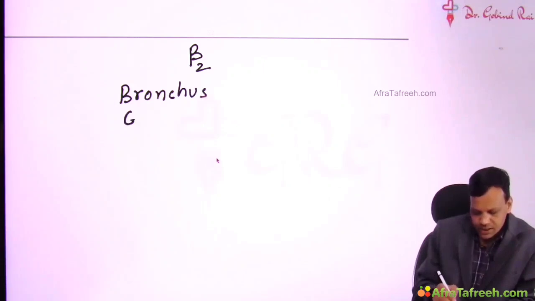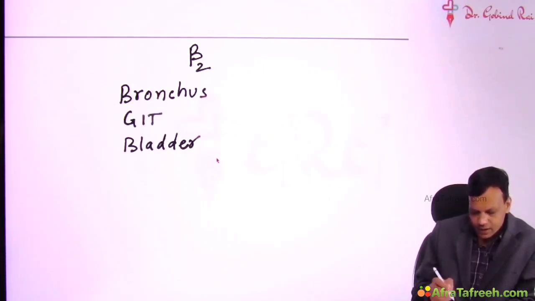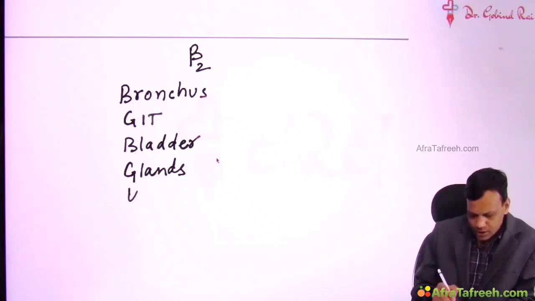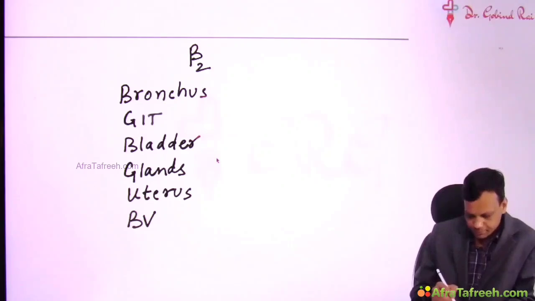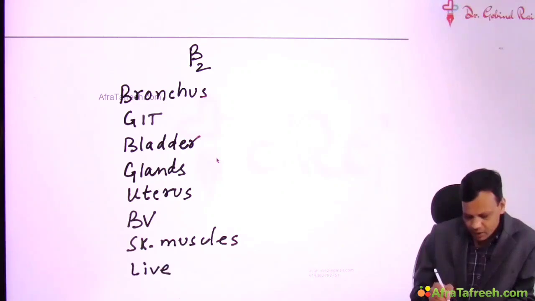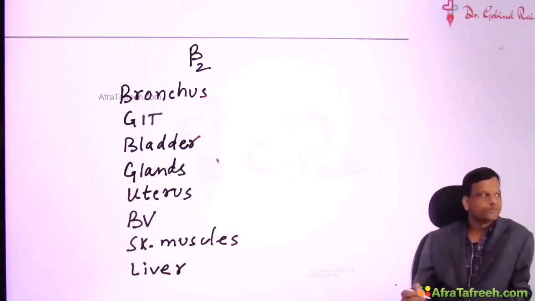It is present in the GIT. It is present in the urinary bladder. It is present in the glands. It is present in the uterus. It is present in the blood vessels. It is present in the skeletal muscles. It is present in the liver. These are the important locations of beta 2 receptors.